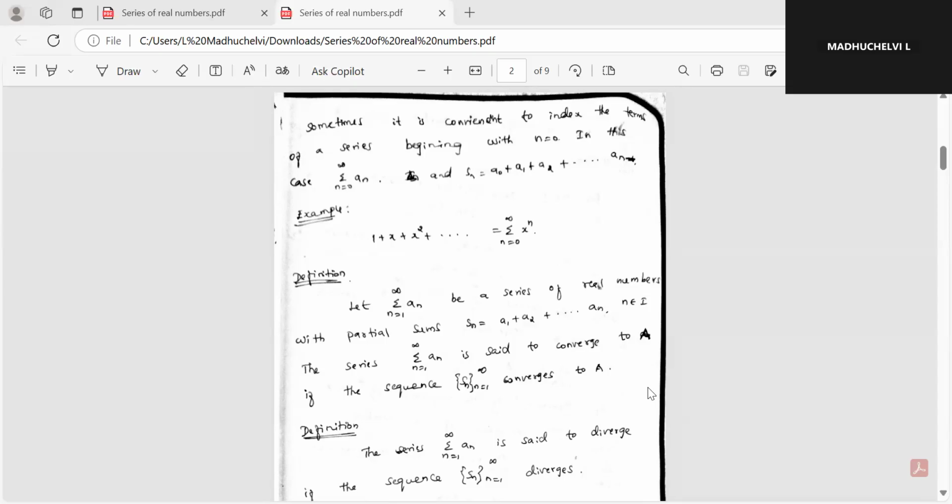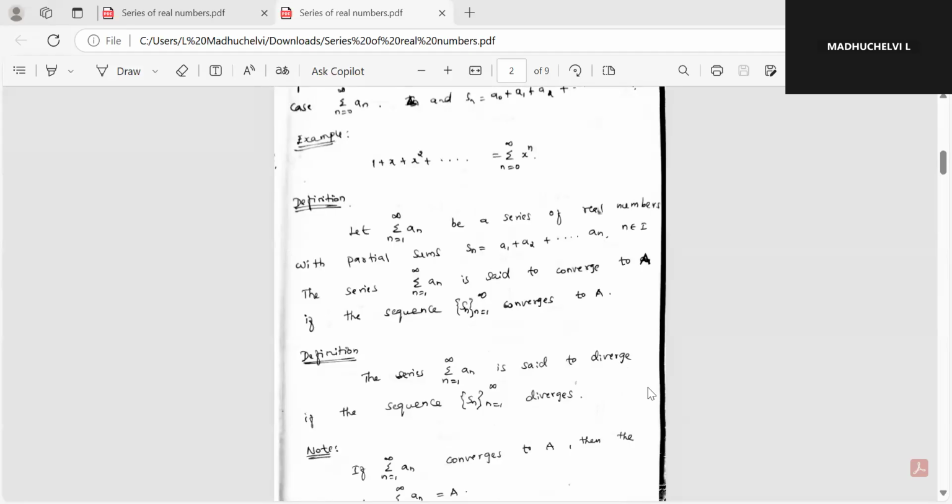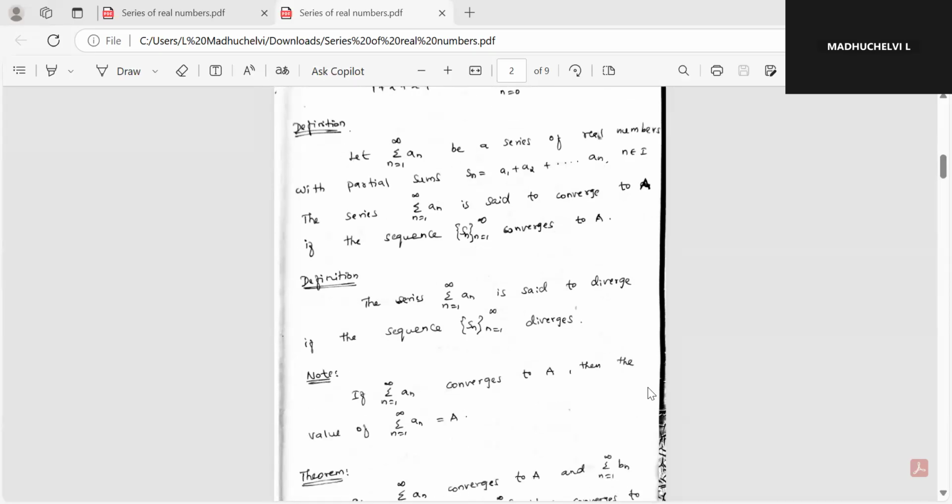Let summation n equal to 1 to infinity a_n be a series of real numbers with the partial sums s_n equal to a1 plus a2 plus etc. plus a_n, n belongs to N. The series is said to converge to A if the sequence s_n, n equal to 1 to infinity, converges to A. So, the series is said to converge to a limit A if the sequence of partial sums converges to the limit A. Next, the definition of divergence.